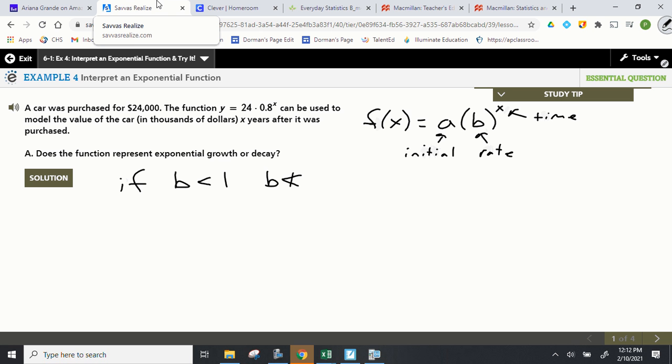And it can't be equal to 0 as well. But if b is a fraction, if b, oh, there's a much better way to say this. I'm sorry. If b is between 0 and 1, not including either of those, then the function represents exponential decay.